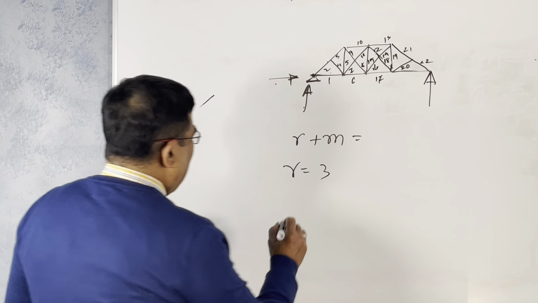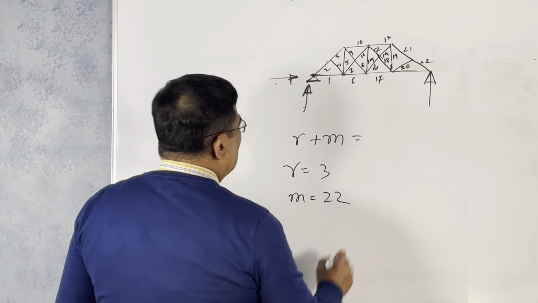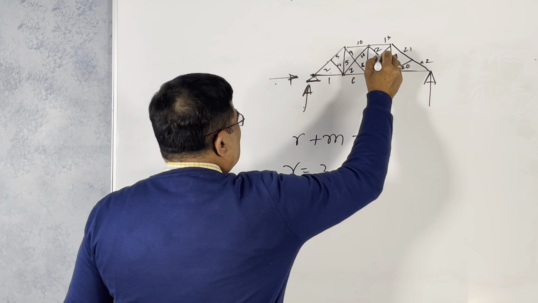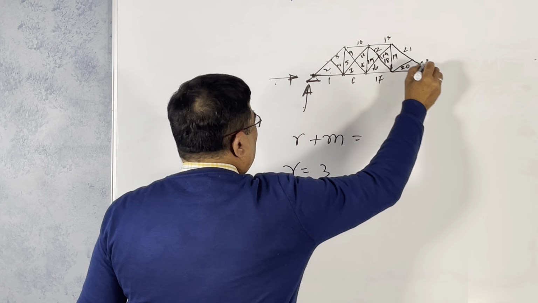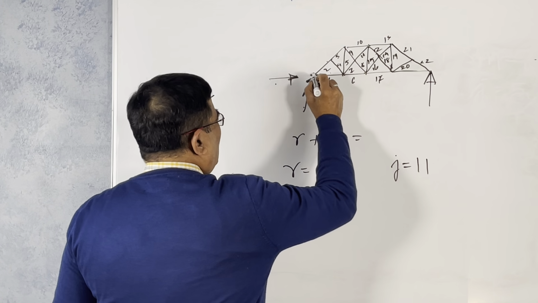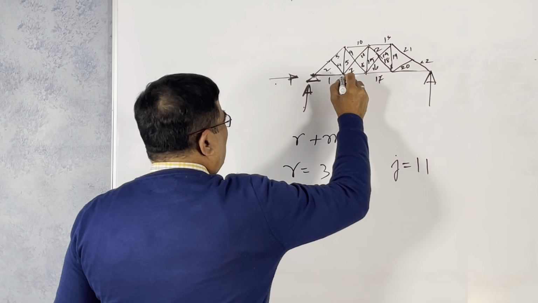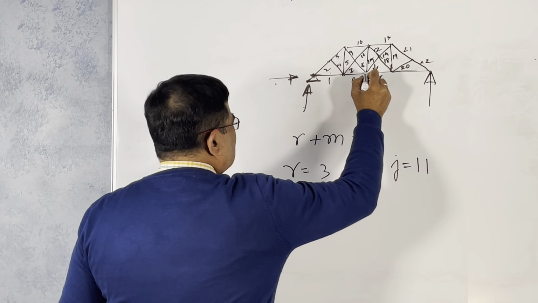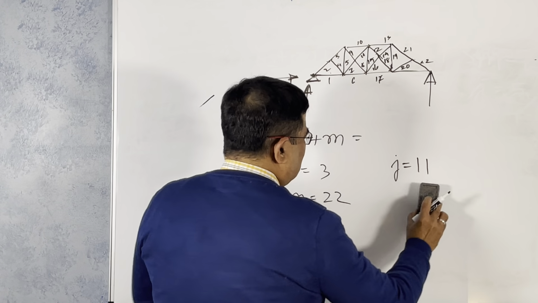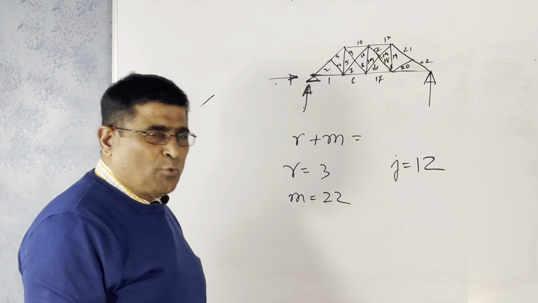So M equal to 22. How many joints? 1, 2, 3, 4, 5, 6, 7, 8, 9, 10, 11, 12, probably 12. Count it, I may be wrong. You can find more or less.